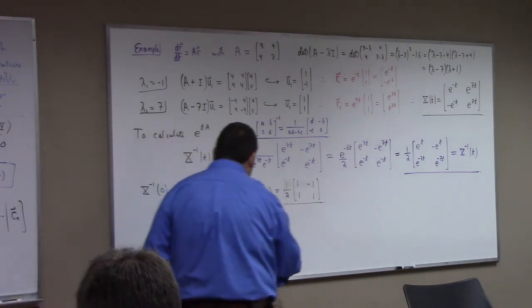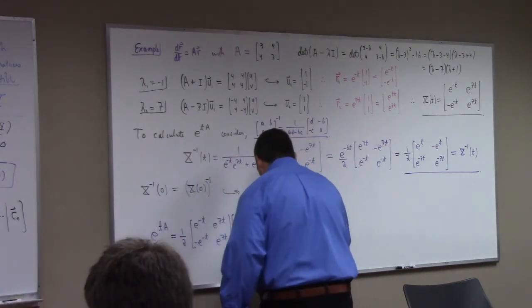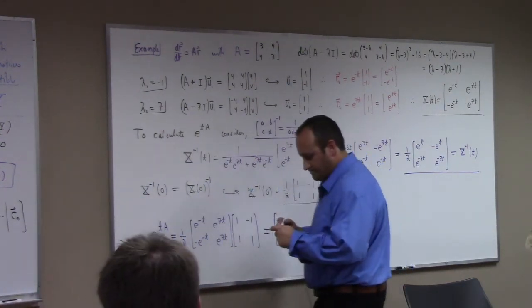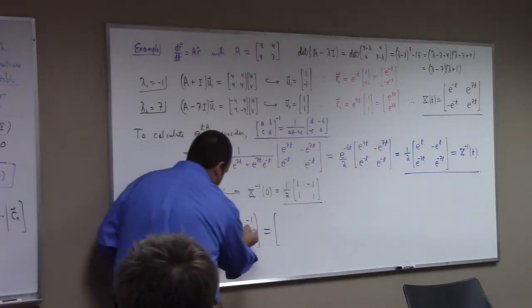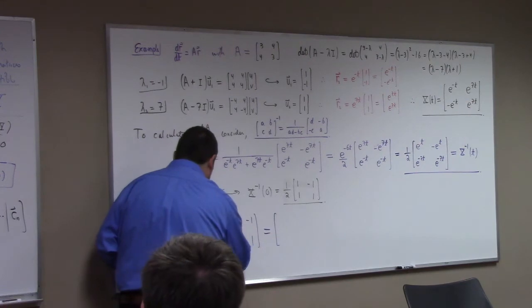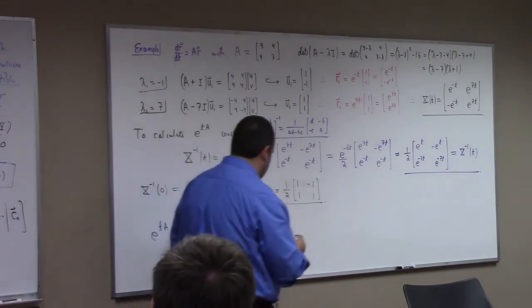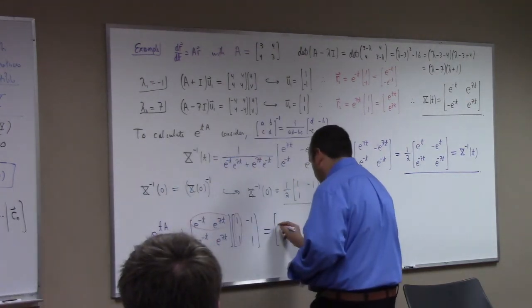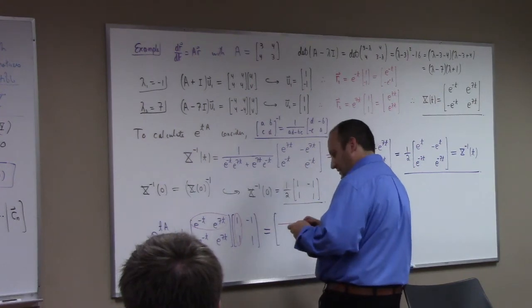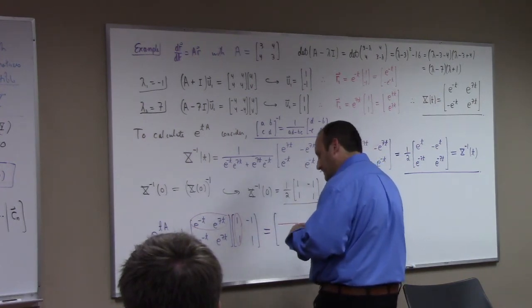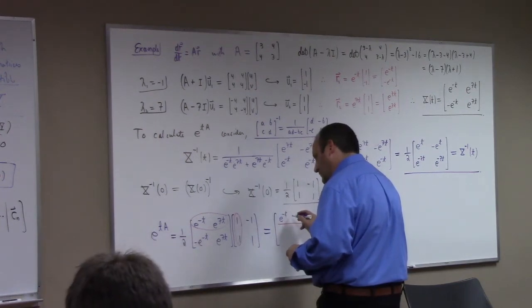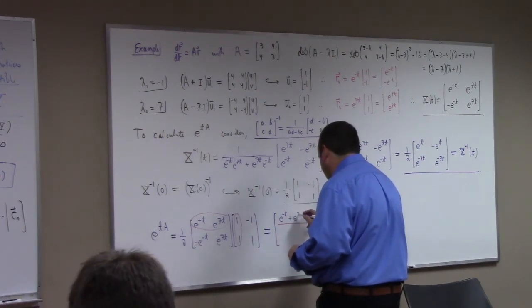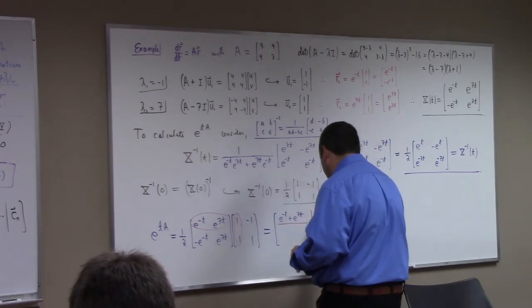Now we've got to multiply these matrices. So let's do that. I multiply this column times that row to give me what I'll put under red right here. We get e to the minus t plus e to the 7t in the 1, 1 spot.